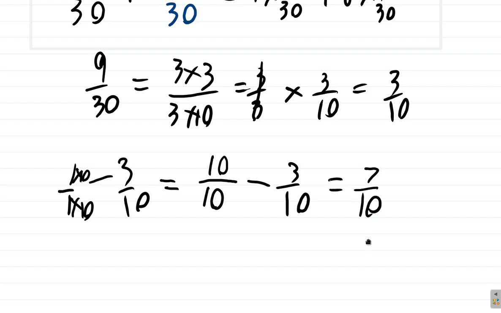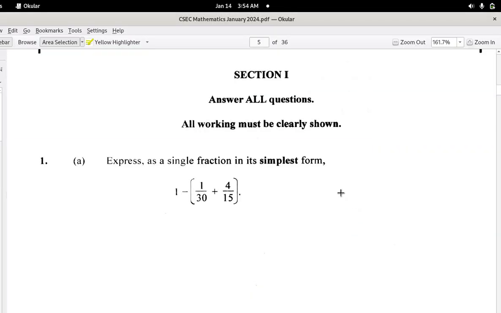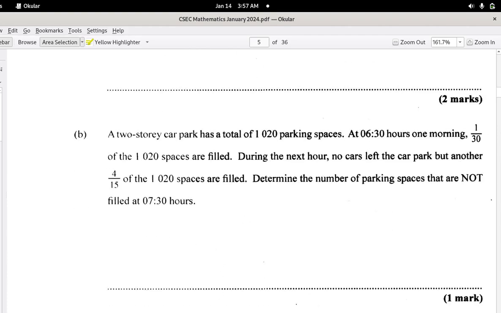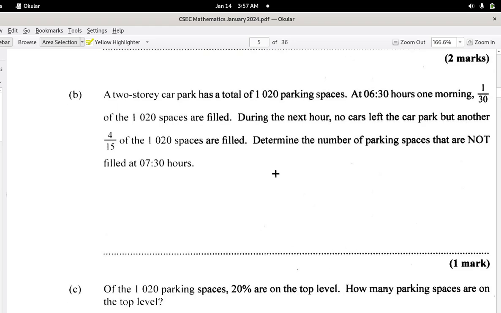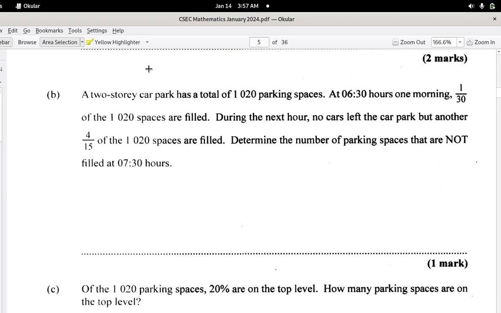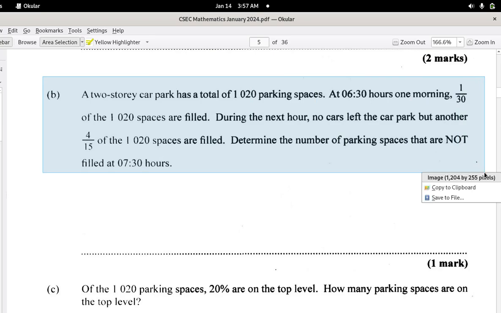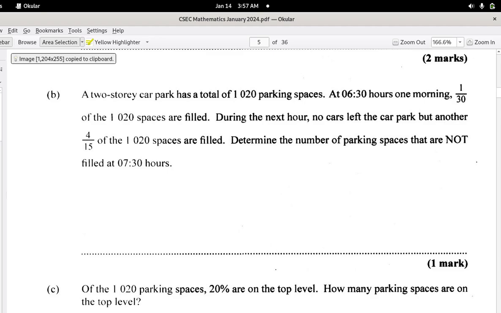Alright? Now let's look at part B of the question. Let's copy it first and see what's going on here.